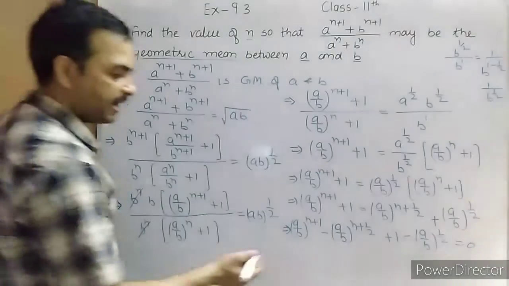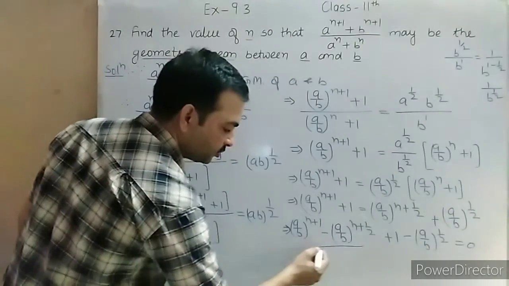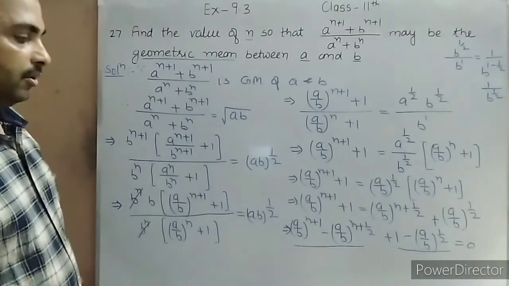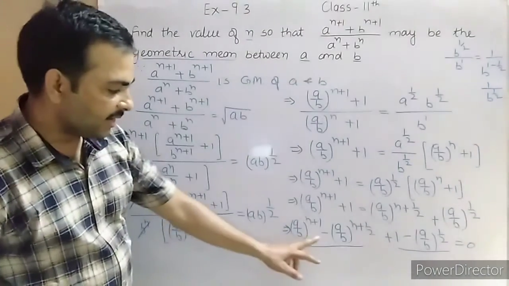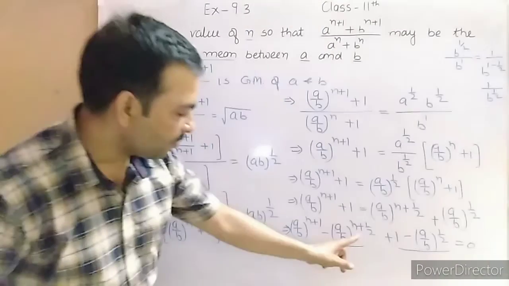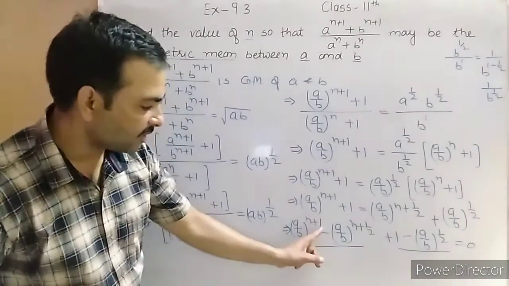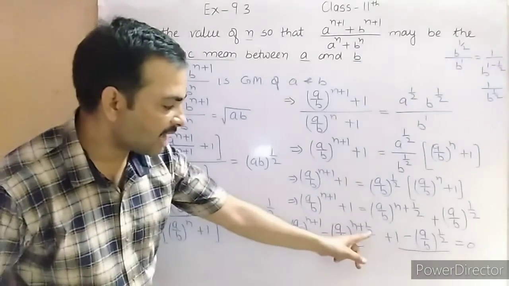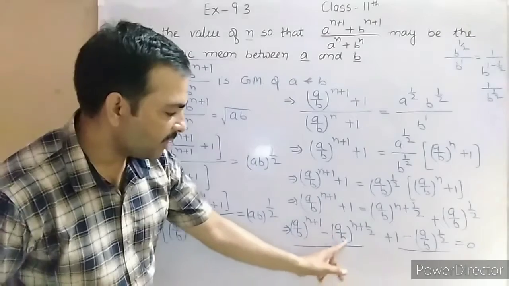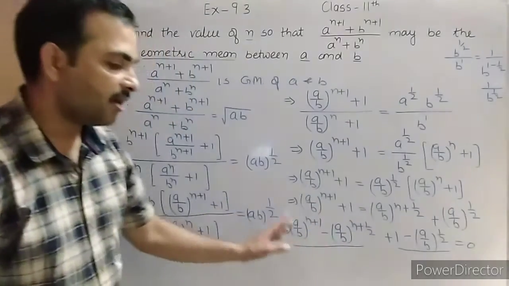Okay, now I can make pairs from these two terms and from these two terms, and I can take (a/b)^(n+1/2) common, because n+1/2 is less than n+1. You can see that n+1/2 is less than n+1.